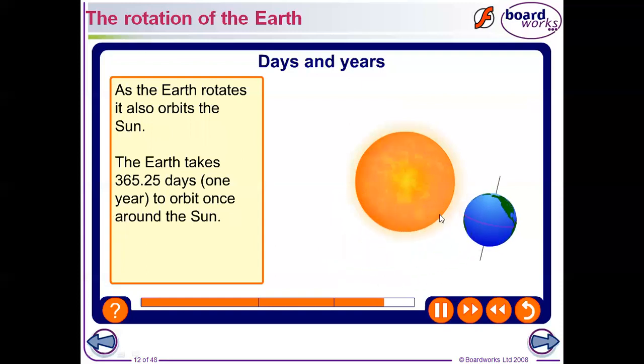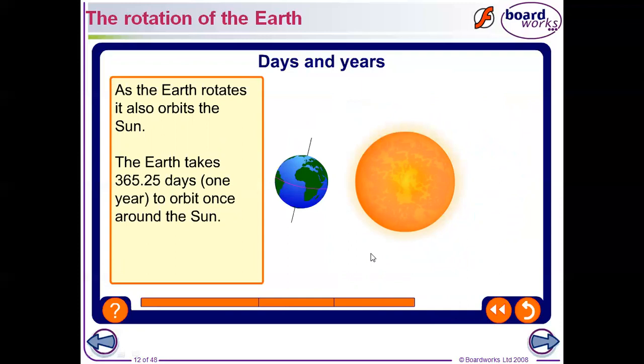Now, this is how the Earth moves in relation to the Sun. It orbits the Sun, or we can say it revolves around the Sun, right? And this brings about the year. One complete orbit or one complete revolution takes about 365 and a quarter days.